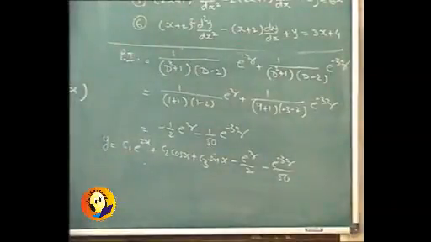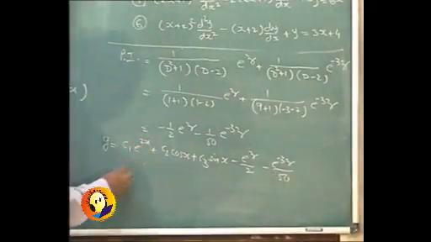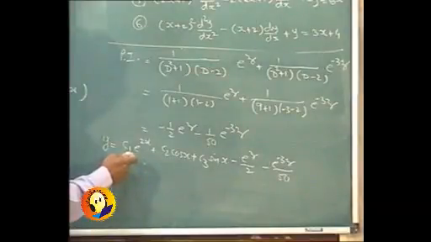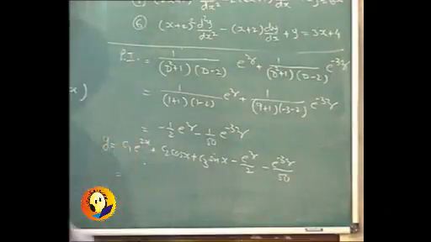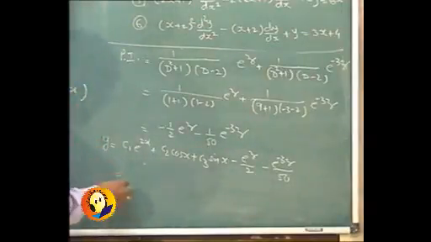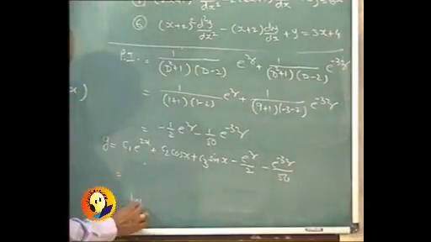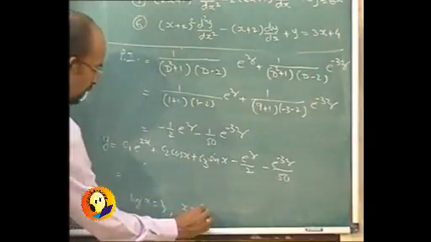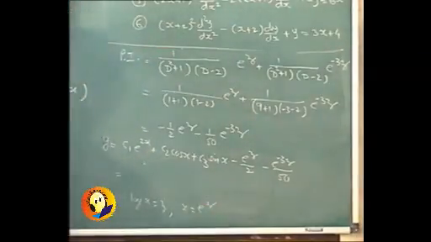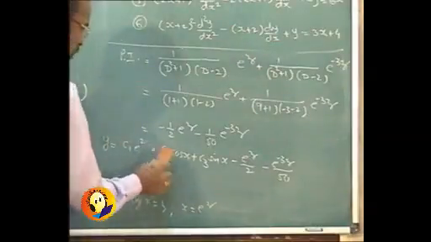And as we substitute, the substitution was log x is equal to z, that is x is equal to e raised to z. We have made a mistake while writing this. This should be in terms of z.